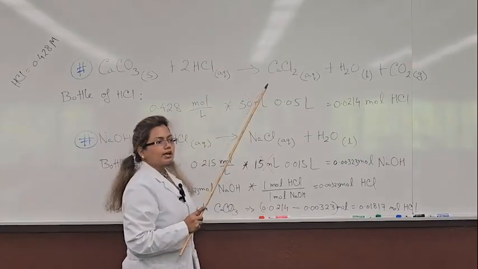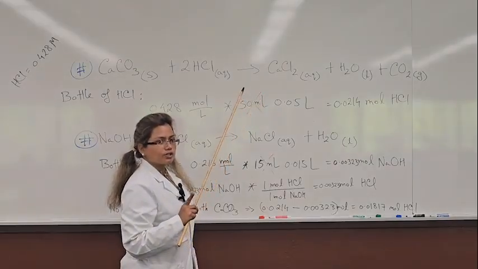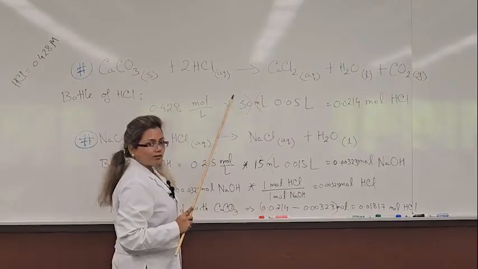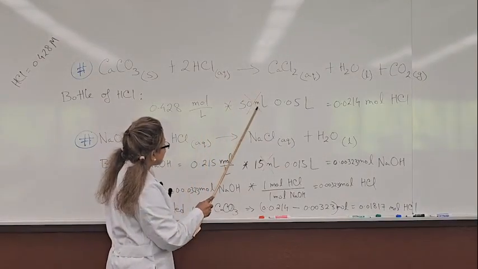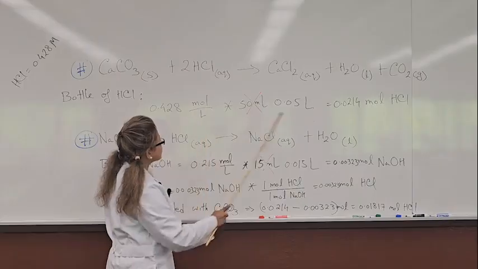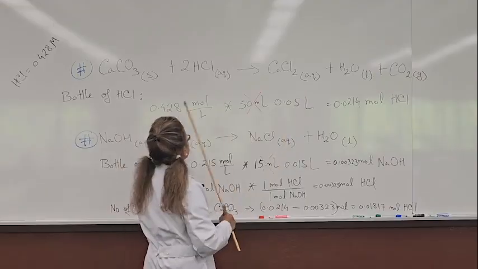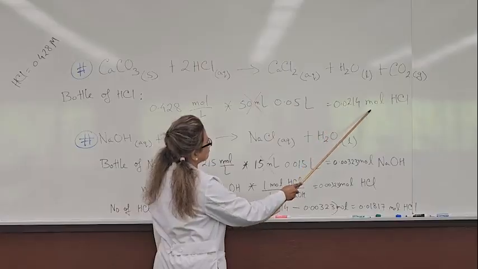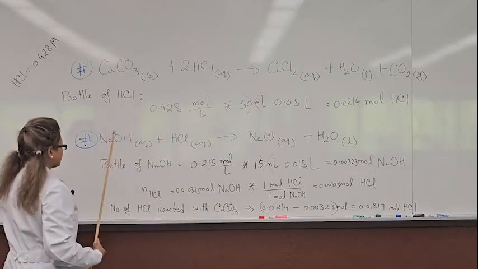I used 50 milliliter of hydrochloric acid, using my 25 milliliter pipette twice and putting it in my flask. So that means 50 milliliter. As it is in liter, I cannot work with the milliliter. It should be converted to liter so that liter and liter cancel and I can get the mole. So total mole, after doing the calculation, I get 0.0214 mole of hydrochloric acid I'm going to use in this experiment.